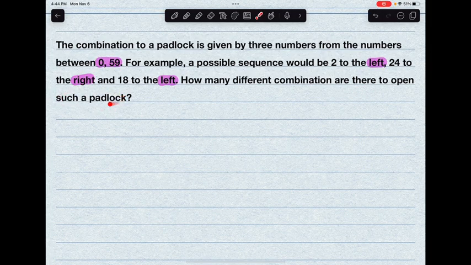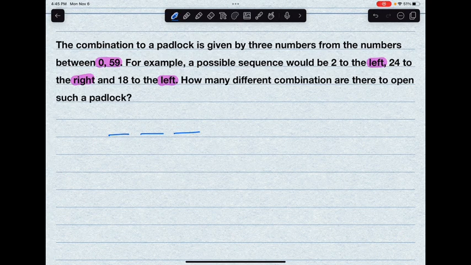Okay, so what if we have a padlock, we don't know what the combination is, and we're just gonna try all the possible situations, all the possible combinations, and here we're gonna know how many times we have to try. So there are 3 numbers, there's an order, there's a repetition.